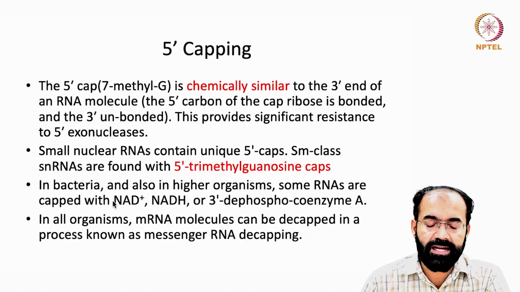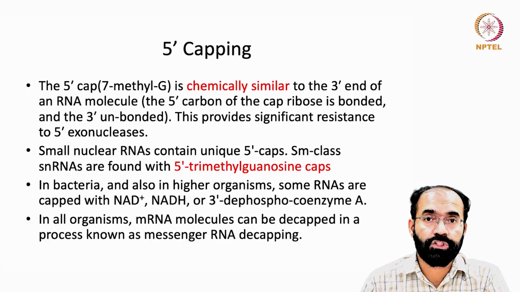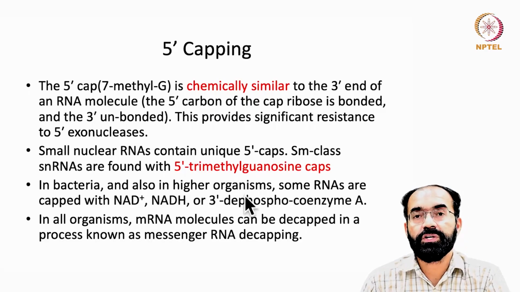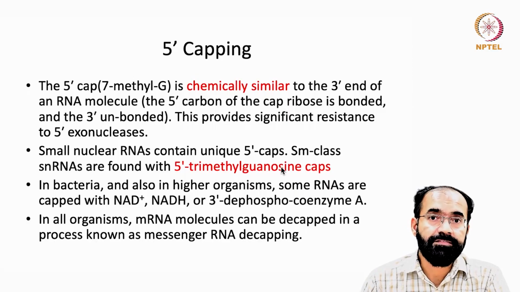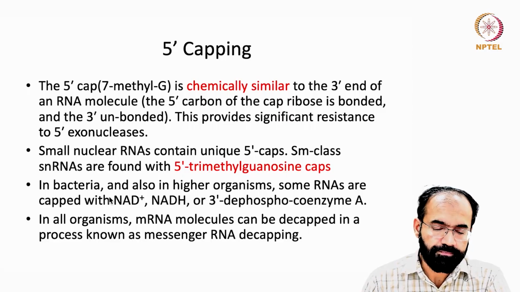So what we should understand is that capping is a protection process, just like you put a shoe on a horse, and to bullocks you put metal shoes to protect their hooves from erosion. Like that, these molecules will deceive the exonucleases and provide stability to the RNA.